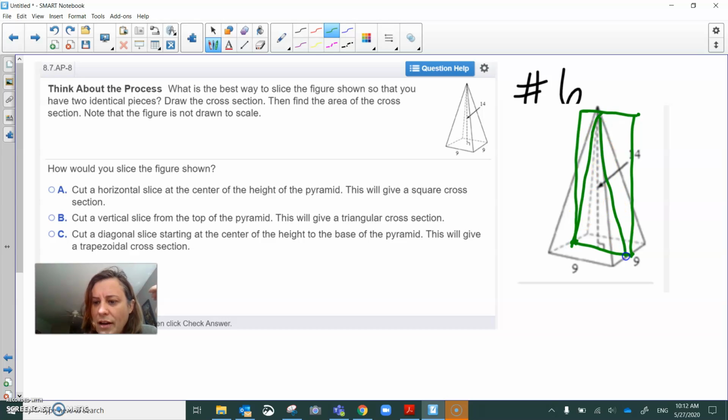It's going to look like a triangle when you pull those 2 pieces apart. Right, because the edges are... Okay, so it's going to look like a triangle.